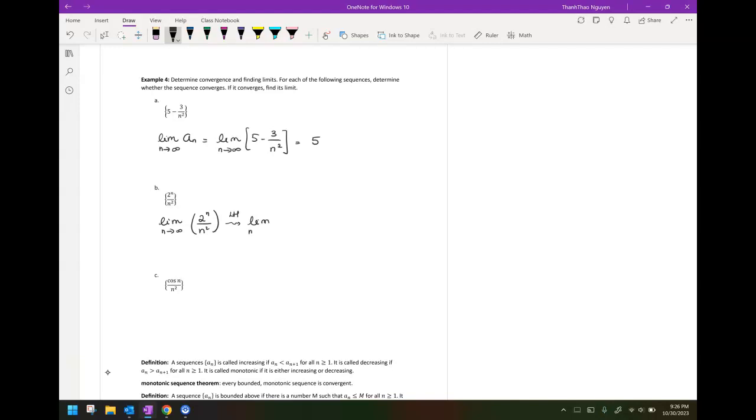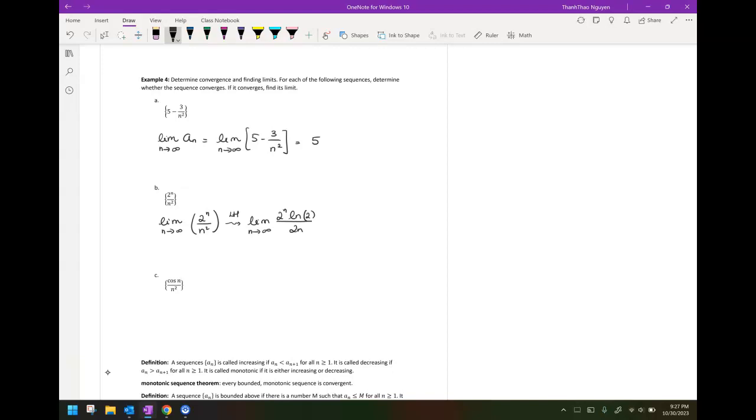Then the limit as n approaches infinity of 2 to the n times ln of 2, divided by 2n.